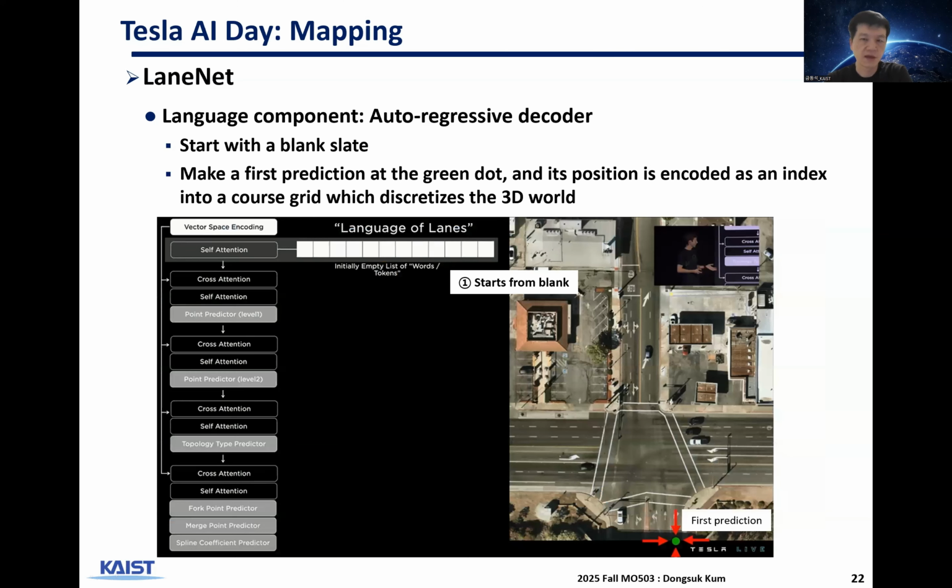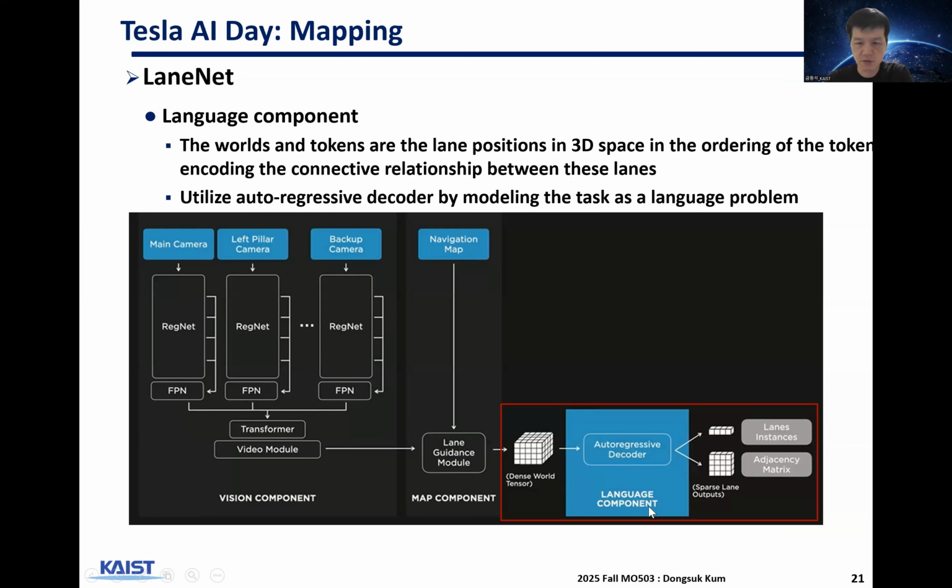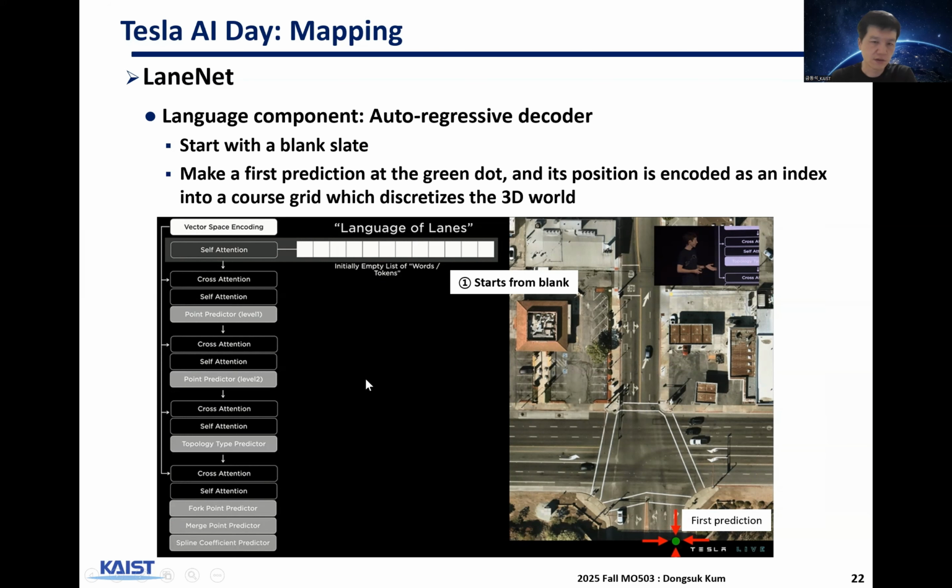And they actually spend some time describing this lane net. So please make sure you watch this video. Okay. Like I said, this is part of the homework, and I'm not going to go through it in detail here. But remember, they do use this autoregressive decoder, and the inside of that module looks something like this.